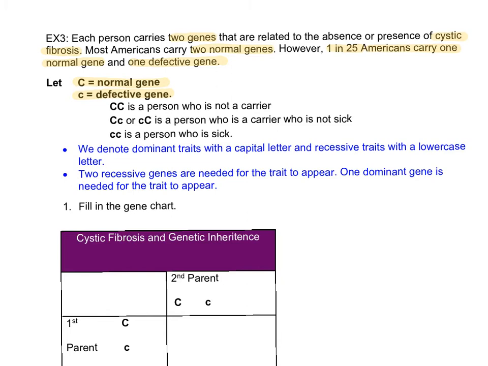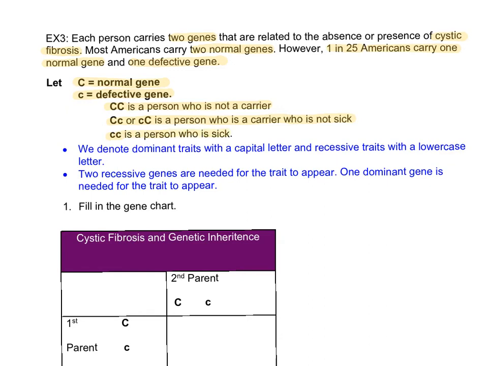In order to have 1 normal and 1 defective, you would have to have a big C, little c combination. That means you're a carrier, but you're not sick, so you don't have symptoms of the disease. Now, if you have 2 big C's, that means you're not a carrier. You don't have cystic fibrosis. If you have 2 little c's, that means you are actually sick from cystic fibrosis.